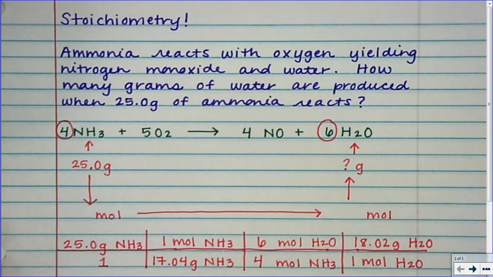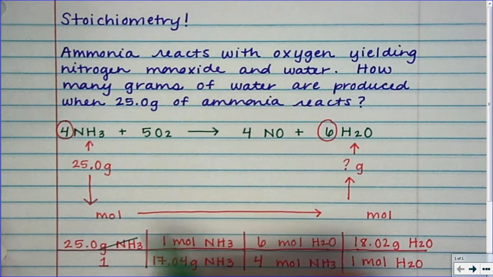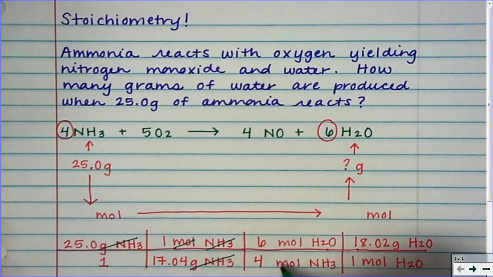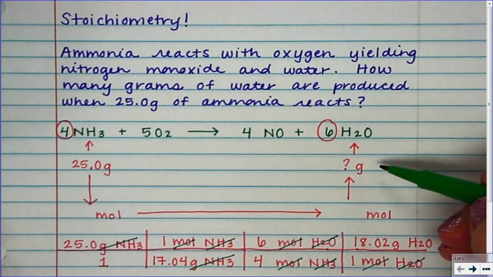So if we go ahead and go through this, cross out what we can, I can cross out grams of NH3. I can cross out moles of NH3, top and bottom. I have moles of water, and so my units are now in grams of water. And that is what the question was looking for.